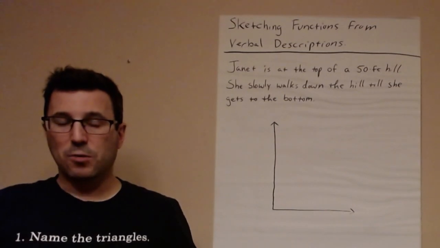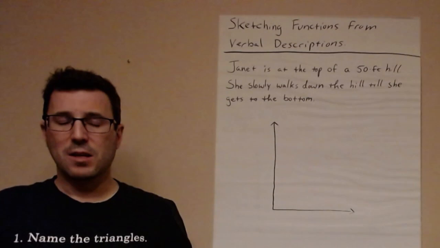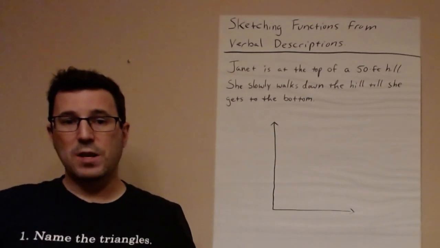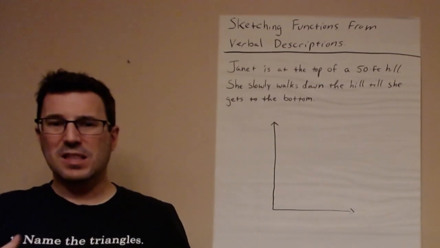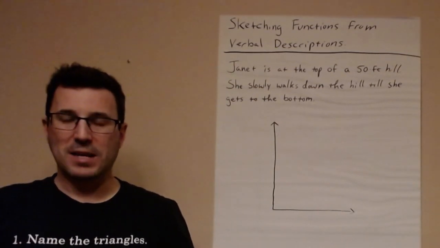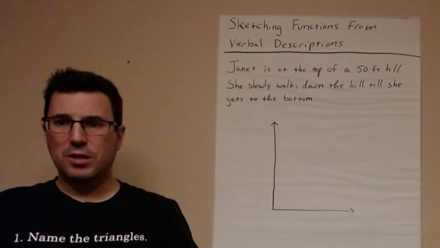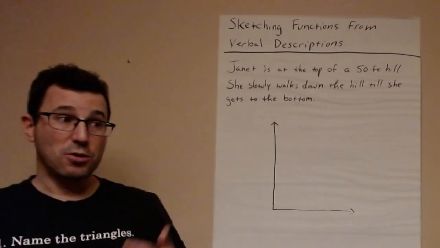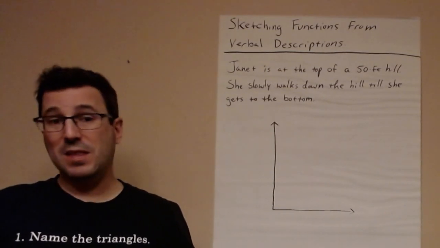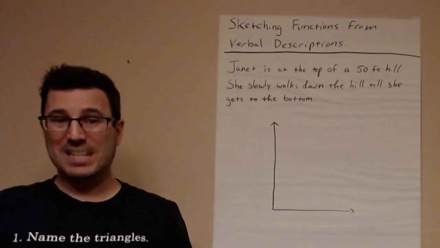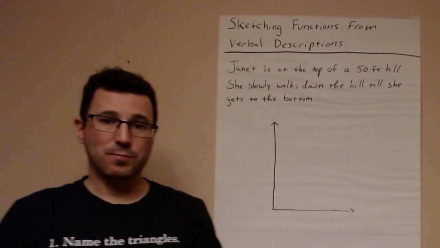That's not what we're looking at. We're looking at how, when someone's describing something, we can sketch it out to get an idea of what this relationship looks like. My sketch could look different from another person's sketch, but we're all sketching the same thing and it should look similar. That's what's most important.